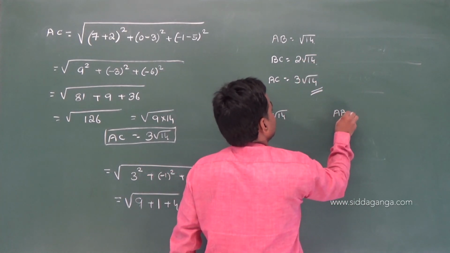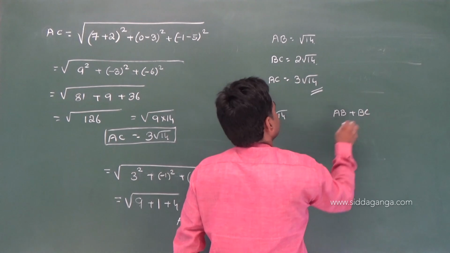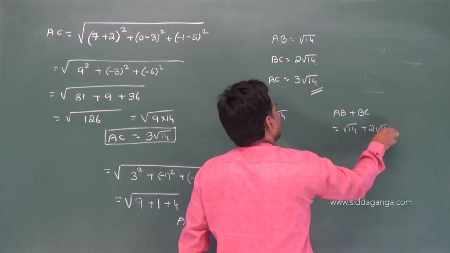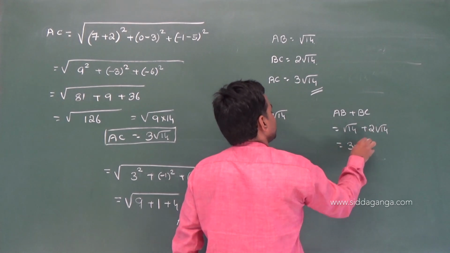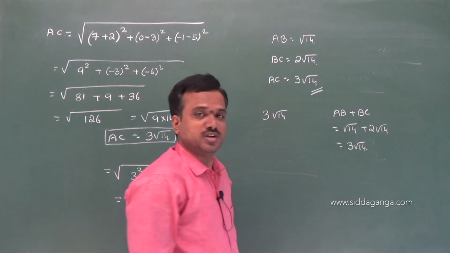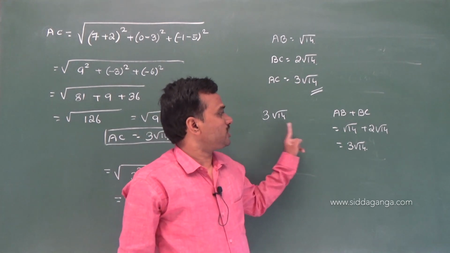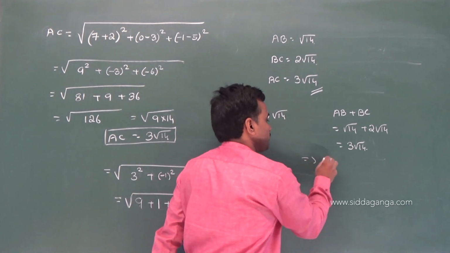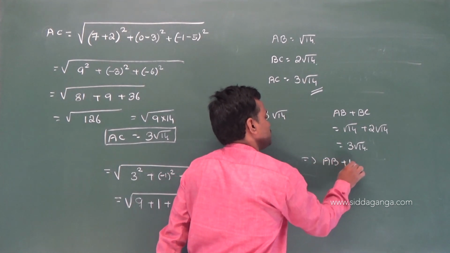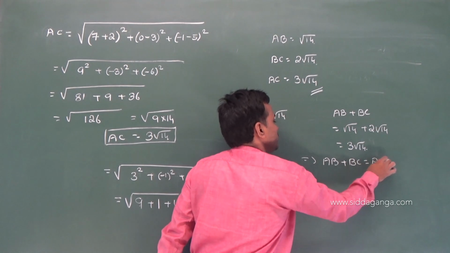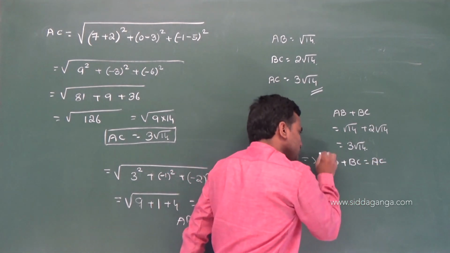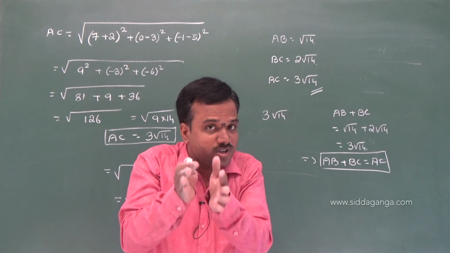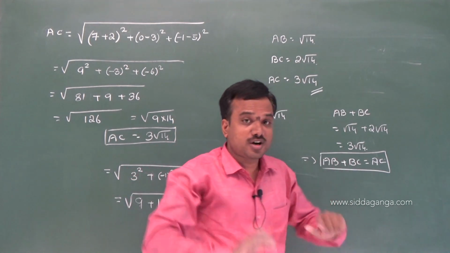AB plus BC, root 14 plus 2 root 14. These 2 are like surds, so it is nothing but 3 root 14. Yes, no doubt. That implies AB plus BC is equal to AC.